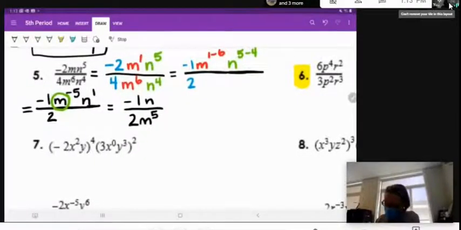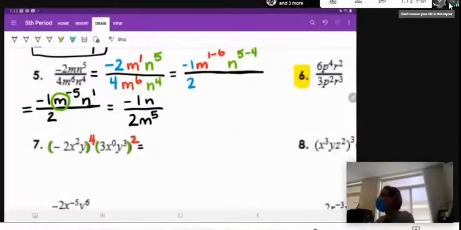So 7 is also going to be a lot of steps. First things first, I have these two exponents, 4 and 2, which are on the outside of a big set of parentheses. So their bases are huge. Their bases have like a bunch of stuff inside.